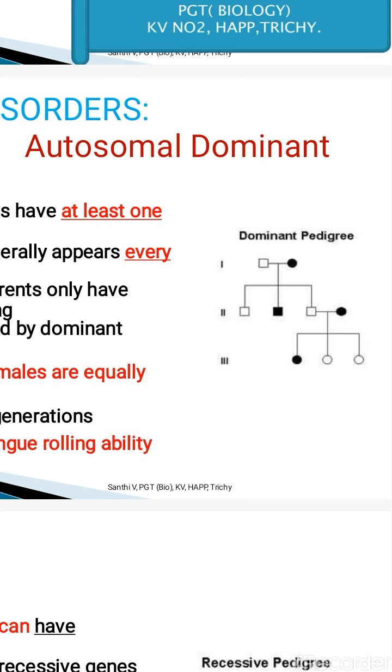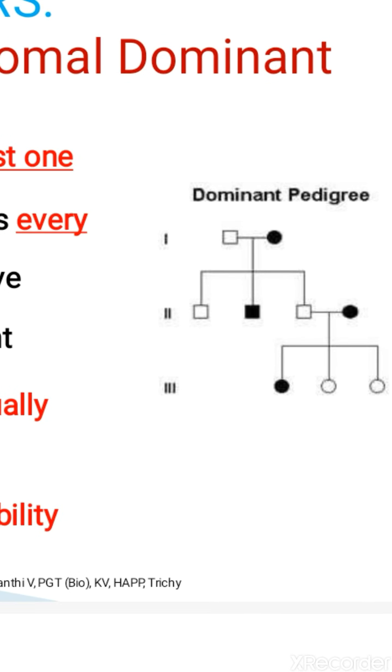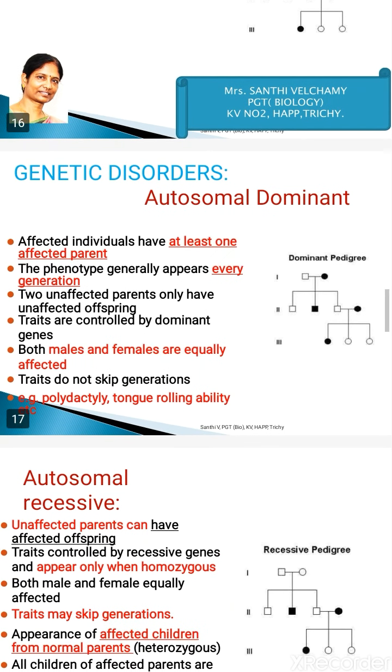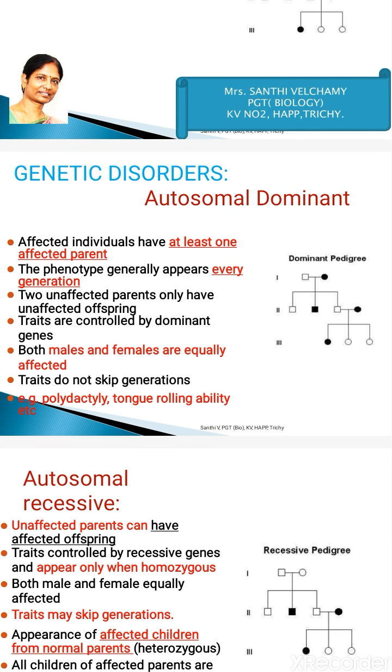When you observe the character, it is seen in the first generation, the second generation, and the third generation also. Why is it like that?